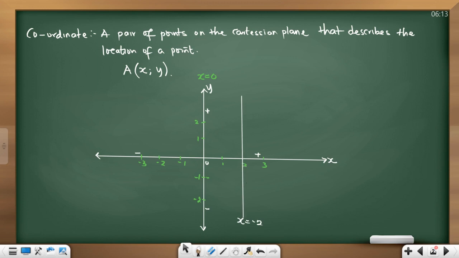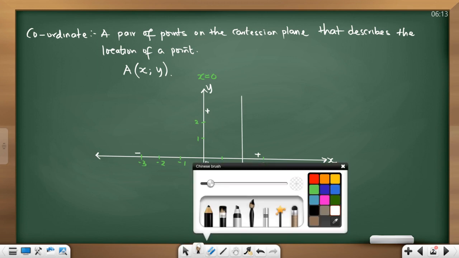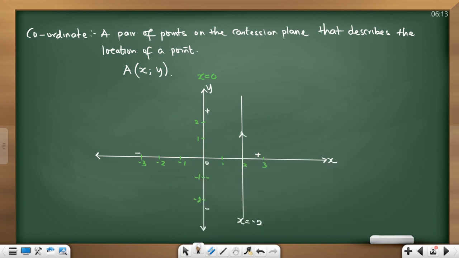If it's a vertical line, a quick point is that this line would be parallel to that line, and it is also perpendicular to the x-axis, at 90 degrees.